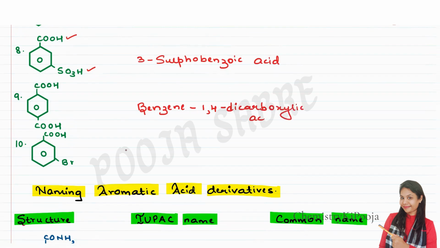Remember, we can write this position before the benzene also. So it becomes 1 comma 4 benzene dicarboxylic acid. So both are correct. Clear? The common name of this compound is terephthalic acid. Okay, terephthalic acid. Clear?